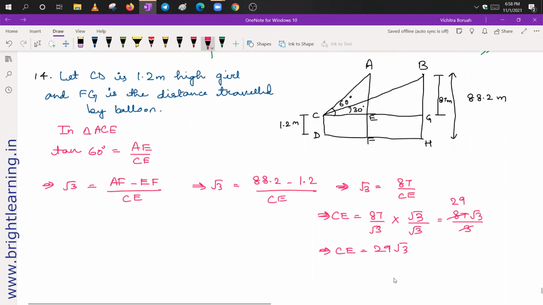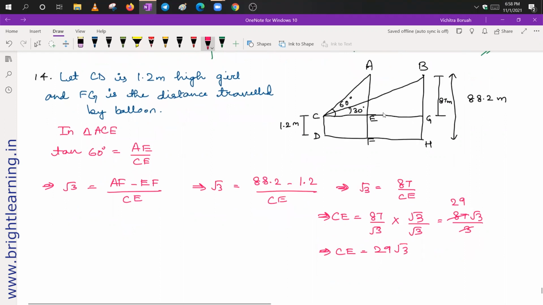Now next, take this triangle BCG. In triangle BCG, tan 30 degree is equal to perpendicular over base, that is BG upon CG. And tan 30 degree is 1 upon √3.